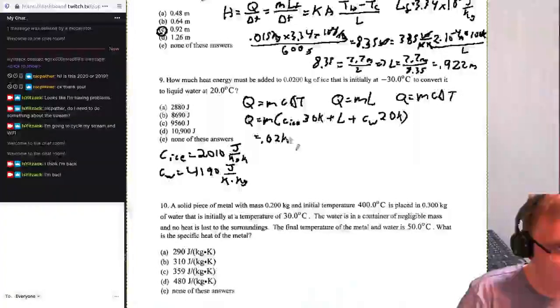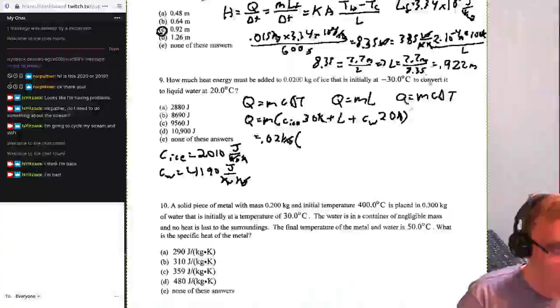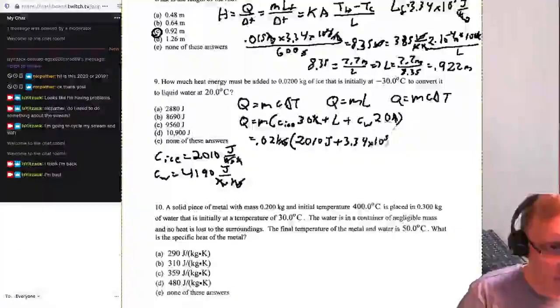We're told 0.02 kilograms. Kilograms will cancel with kilograms, inverse kilograms will cancel inverse kilograms, Kelvin will cancel with Kelvin, leaving joules. C ice is 2010 joules, plus 3.34 times 10 to the 5 joules.